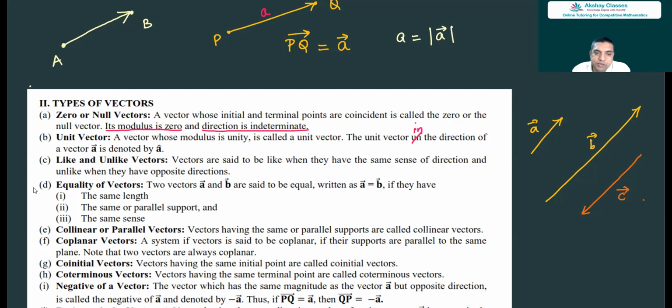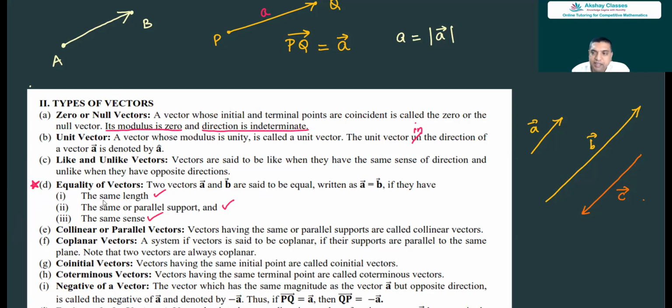For us, this property is most vital. Equality of vectors. Two vectors A and B are said to be equal and written as A equal to B if they have the same length, same or parallel support, and the same sense of direction.